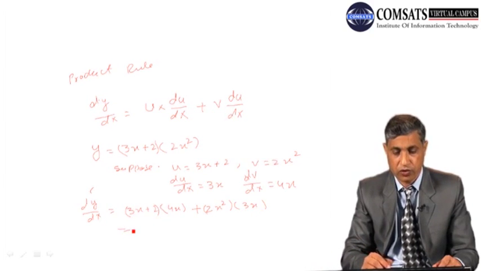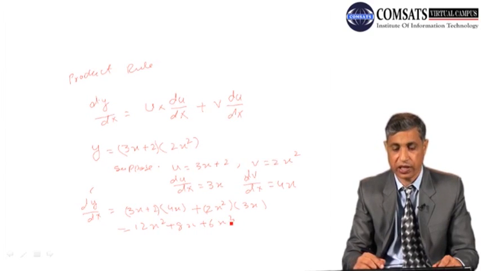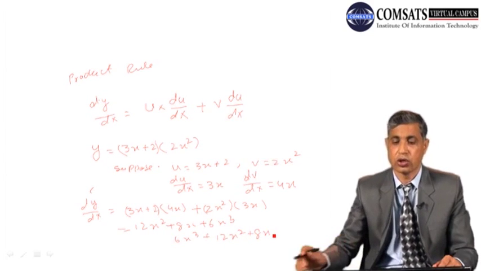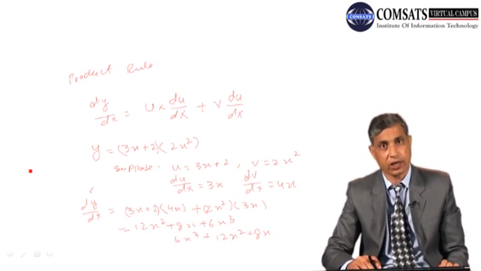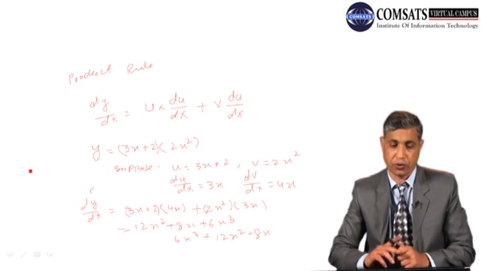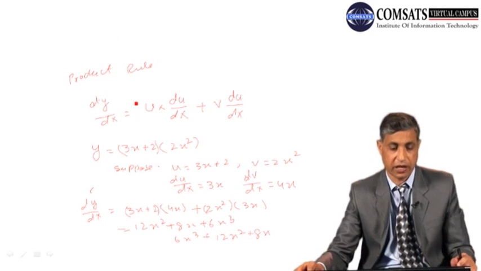This will become equal to 12x square plus 8x plus, if I multiply, 6x cube. If I now add this up, this will be 6x cube plus 12x square plus 8x. This is how we find the values of the derivative using the product rule.